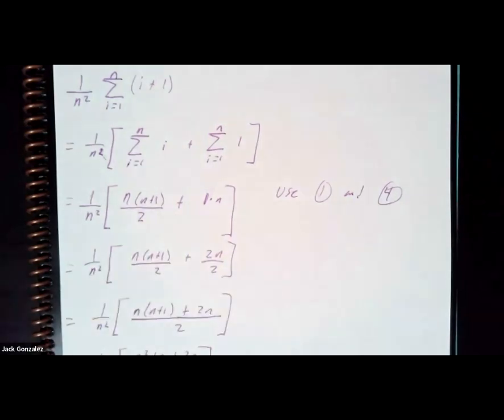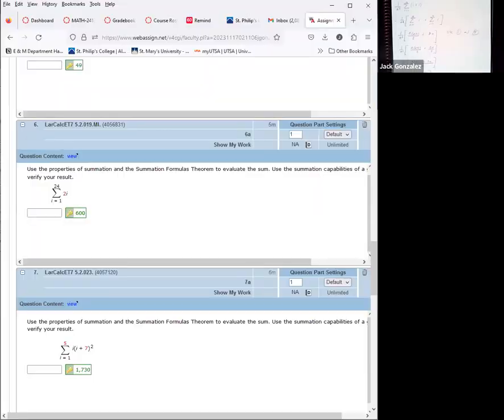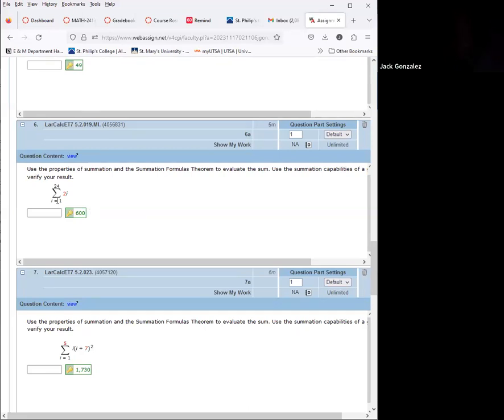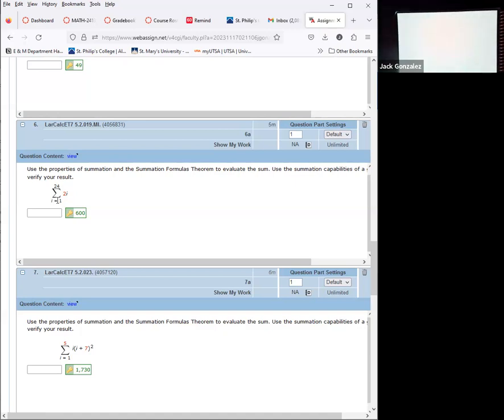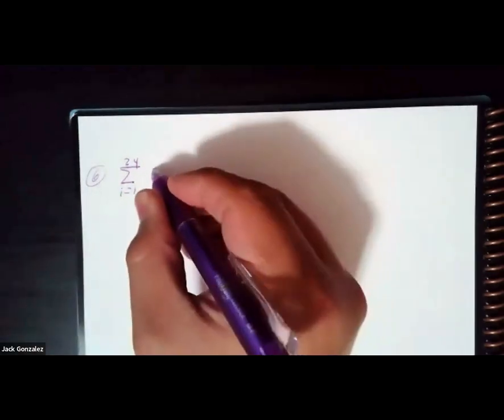Do you see what they did on number 6? Can you repeat that, Professor? Yeah, let's go ahead and work it out real quick. It's real simple, so I want you to see it. So the sum starting at I equal 1 to 24 of 2i.